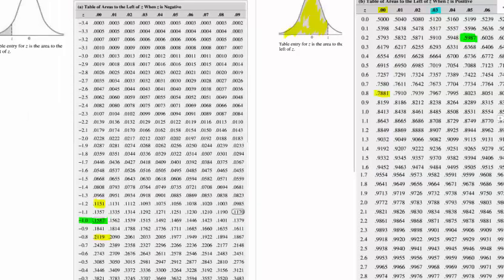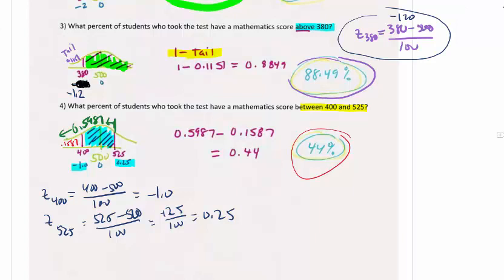So the negative 1.2 is in the yellow piece here, which is the 0.1151. That's where I got that piece from. So we subtract from the 1 and we get 0.8849, and we move our decimal place 2 places to the right, 88.49%.